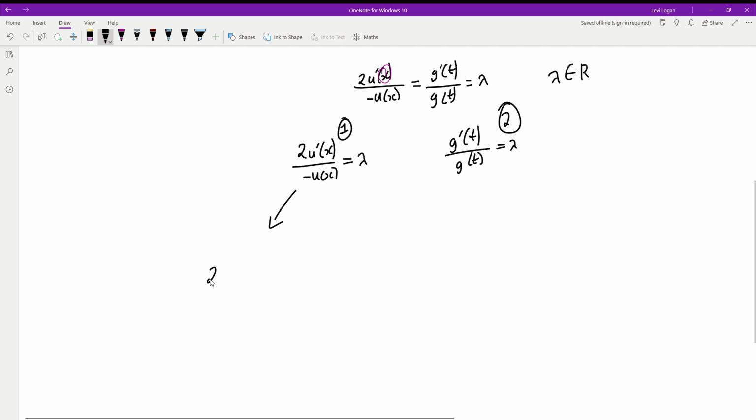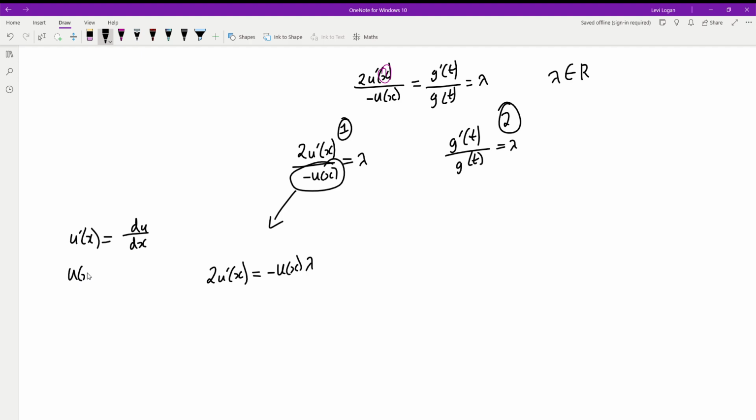So we're going to have 2u prime of x, and I'm going to move this negative u of x up here. So we'll have negative u of x over lambda. And now all I'm going to do is change my notation. So u prime of x is the same as the derivative of u with respect to x, and u of x is just the same as u. So replacing that, we'll have 2 du dx is equal to negative lambda u, and divide both sides by 2.